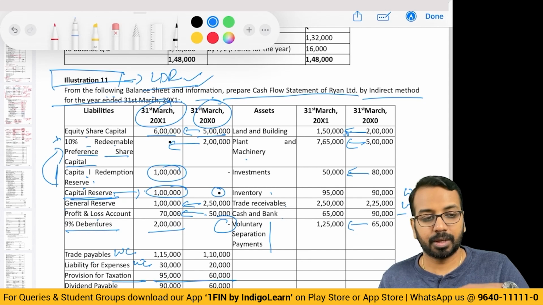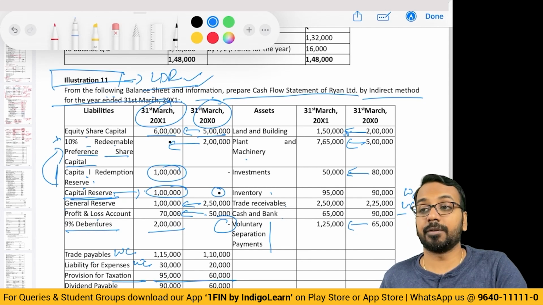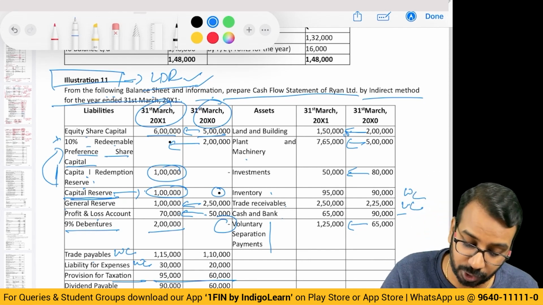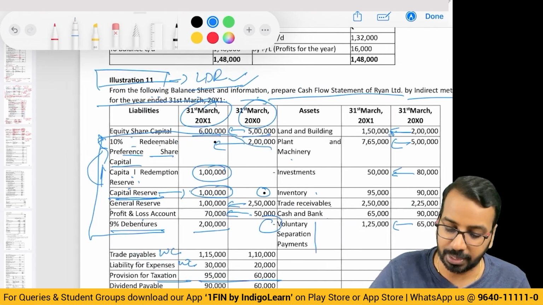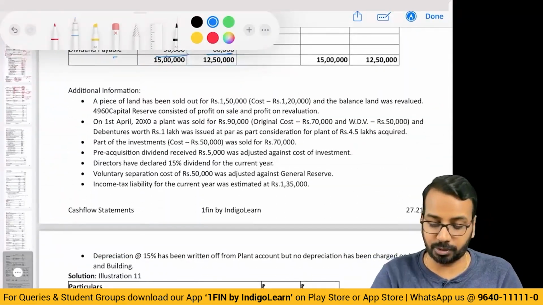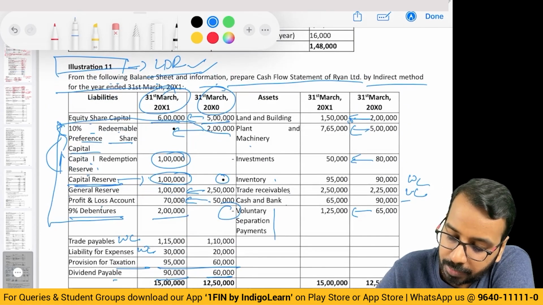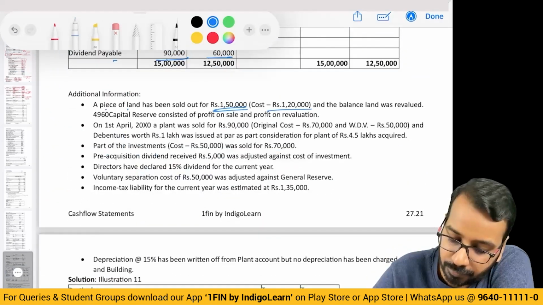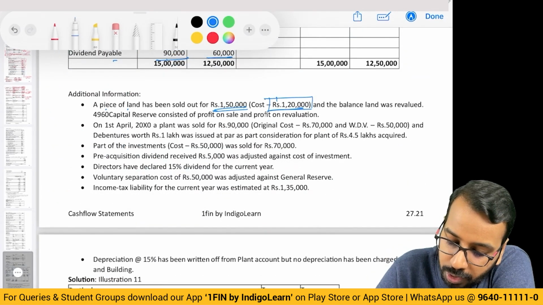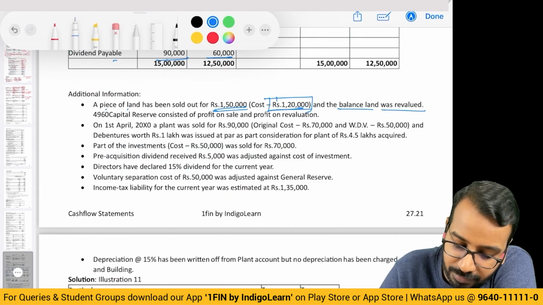Now we need to start with net profit. To arrive at net profit, we need to close these different accounts, what all movements have happened, and also see if there is any additional information. So many additional information. A piece of land has been sold out for 1,50,000, cost 120. So 2 lakh has become 150, cost was 120, and the balance land was revalued.